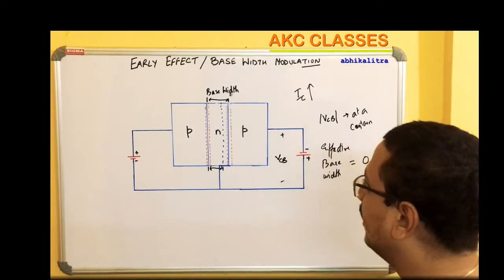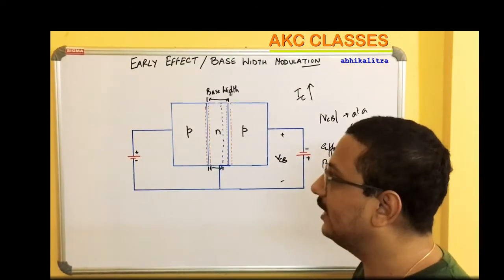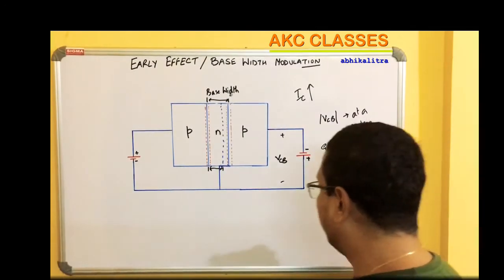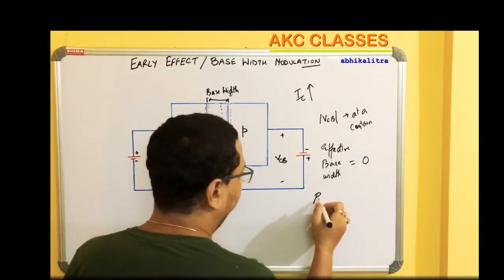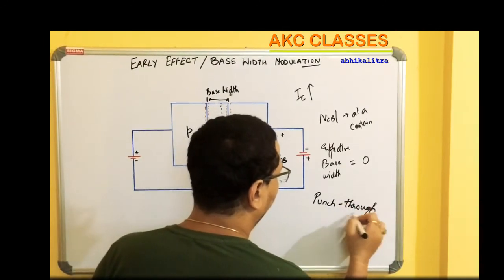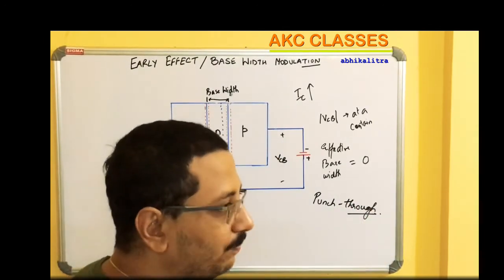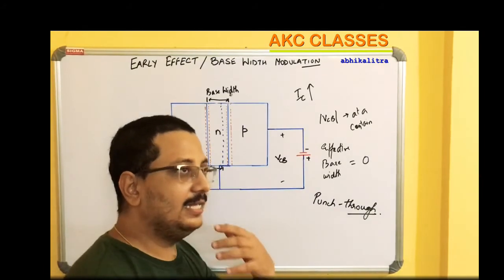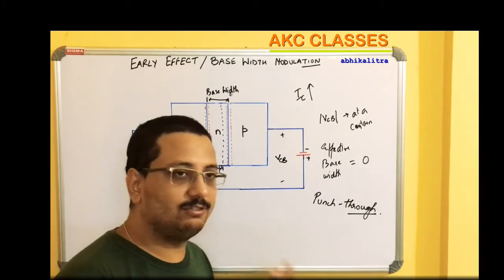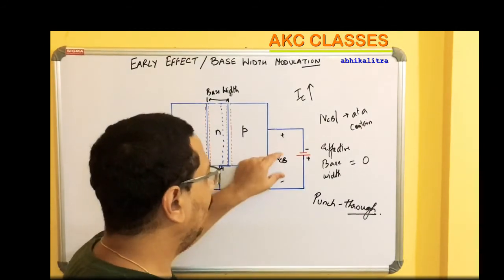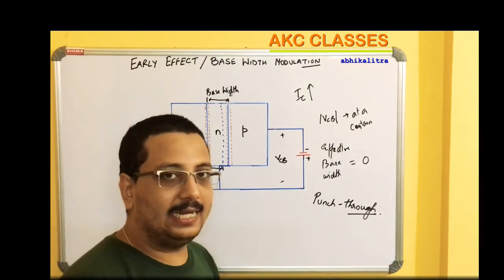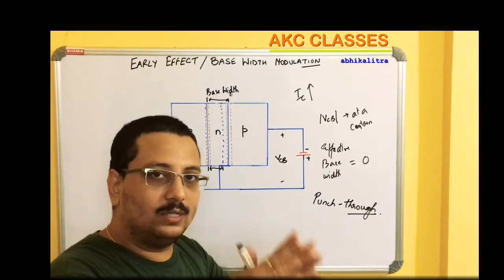When this current starts to flow towards the collector junction, this flow is termed punch through, right? Punch through is basically termed as the breakdown voltage of a PNP transistor, when the VCB of this transistor is increased to a limit where the entire depletion region takes over the base region.